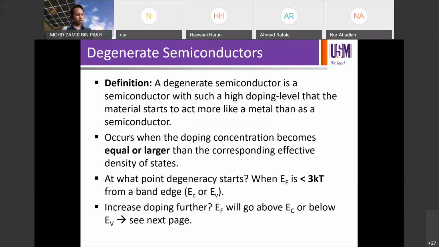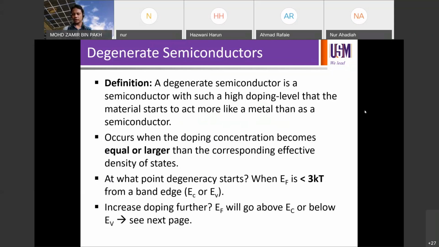So it has to be doped high enough to be qualified, or to be called, a degenerate semiconductor. At that point, the behavior of the semiconductor is just like a metal. The behavior is like metal, but it is still essentially a semiconductor material.